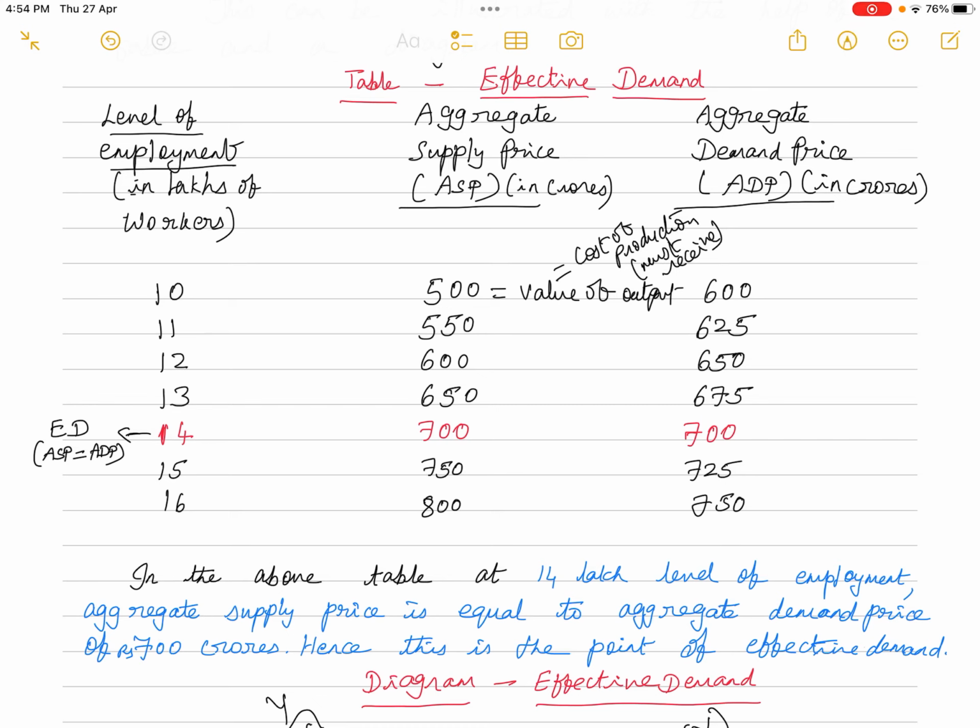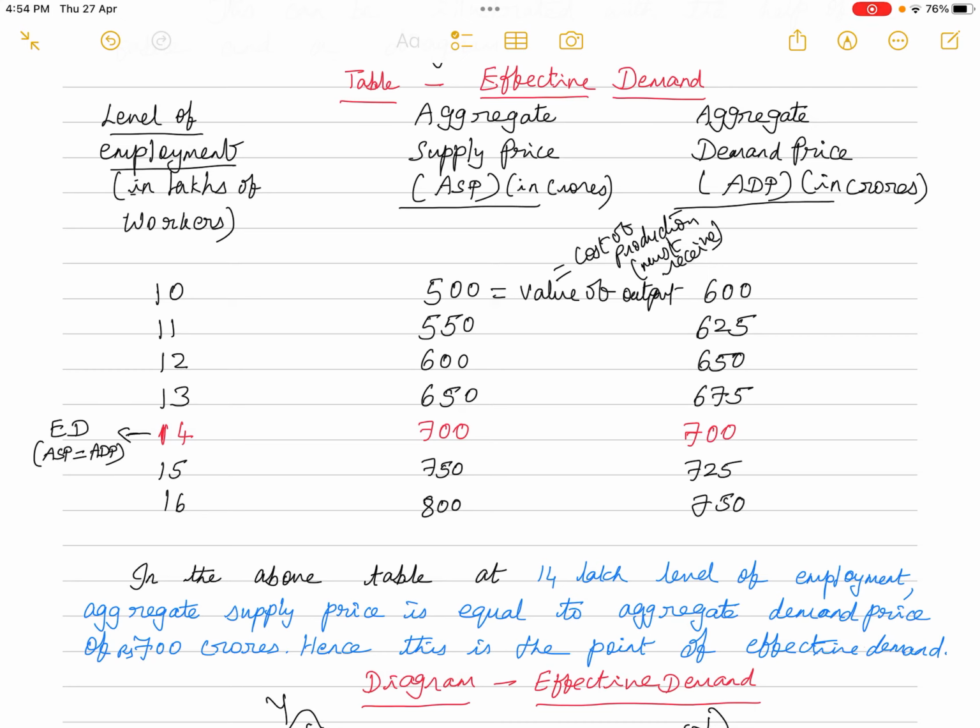So if 10 lakh workers are given employment in the country, the initial level of employment in the economy is 10 lakhs. All these 10 lakh workers are producing goods worth 500 crores, which is equal to the value of output.